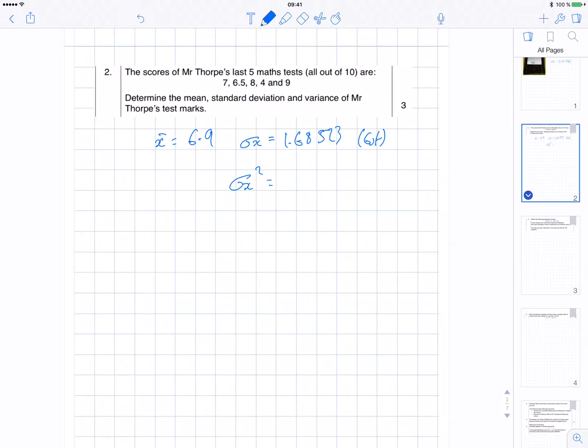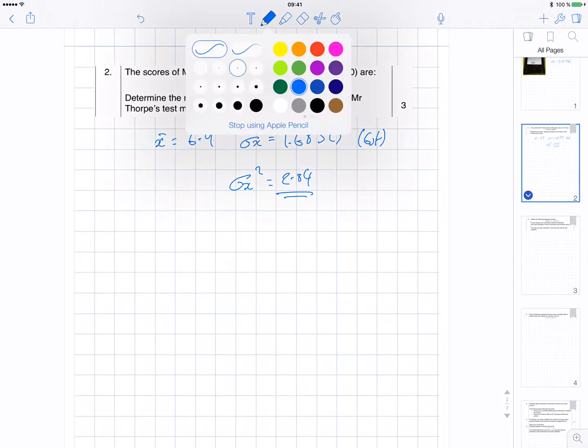If I type in variable VAR, it can give me the value a bit quicker, and I'm just going to square that, and I get 2.84. That's exact, and that is 3 marks.